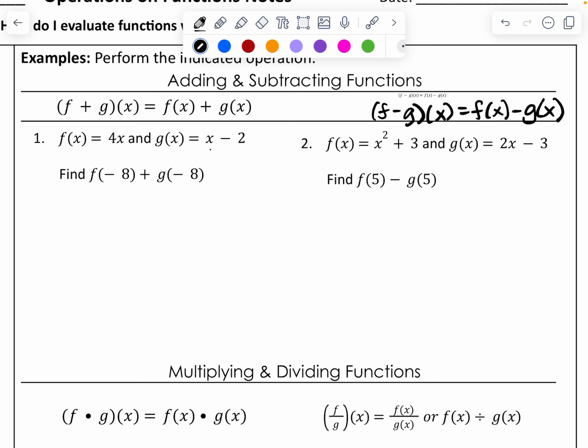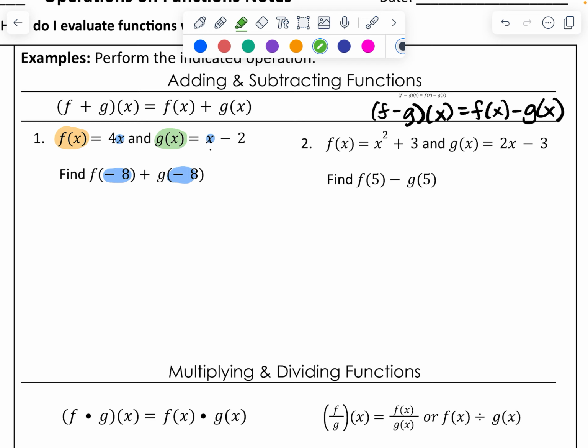So we need to put this input into both of these functions, 4x and then x minus 2, and then add those outputs together. So let's see, I'm going to use orange for f of x and green for g of x, just so we can keep our outputs organized here.